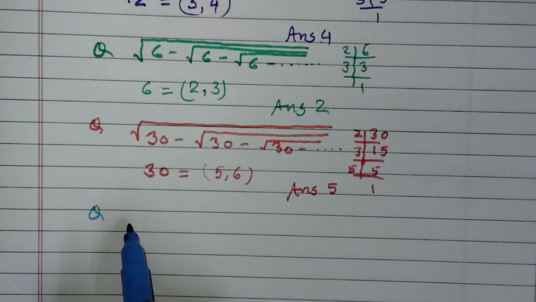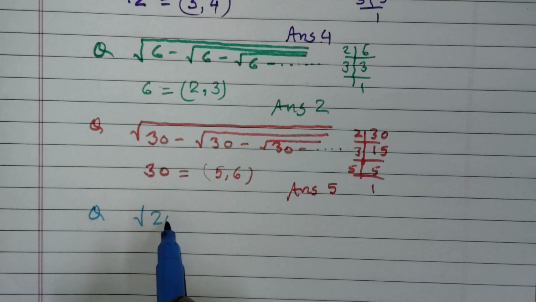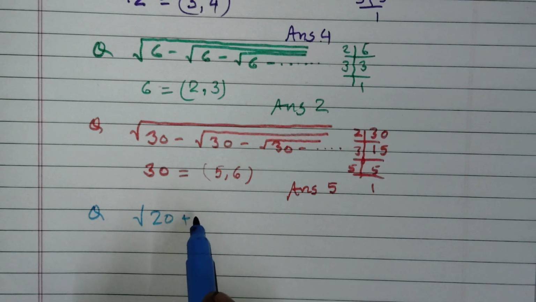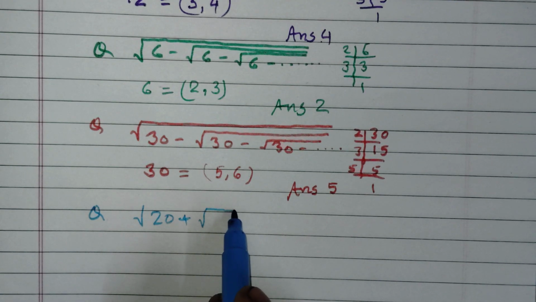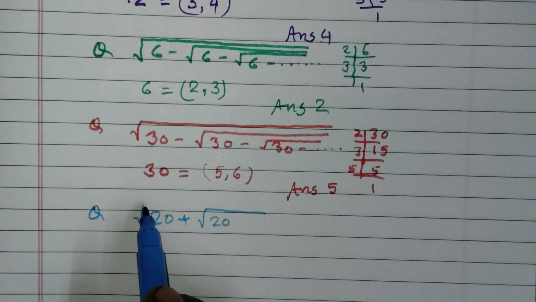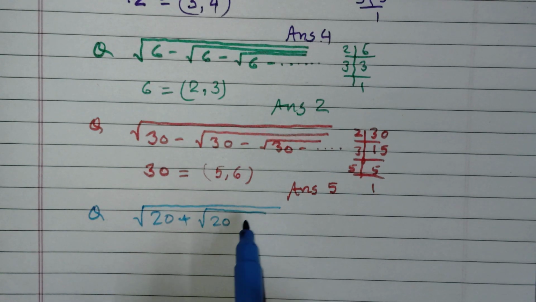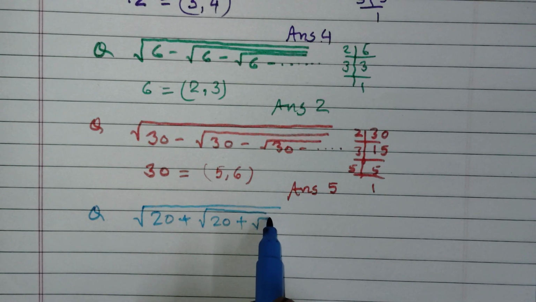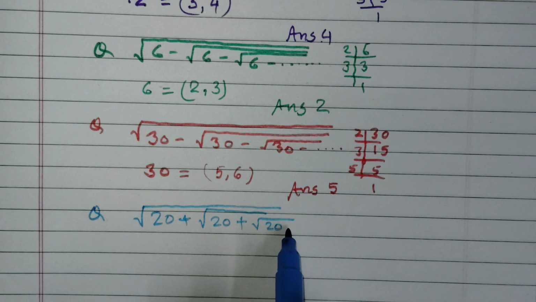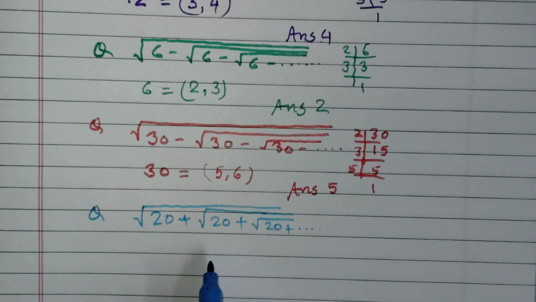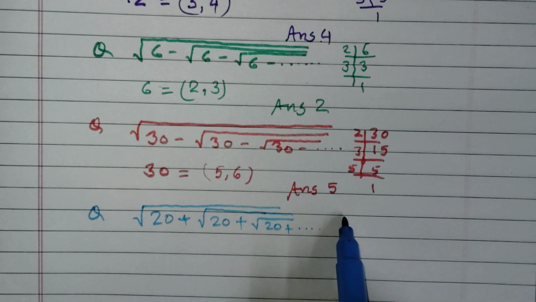Next, take the question square root of 20 plus square root of 20 plus square root of 20 plus, and so on, infinitely. So we see the factors of 20.